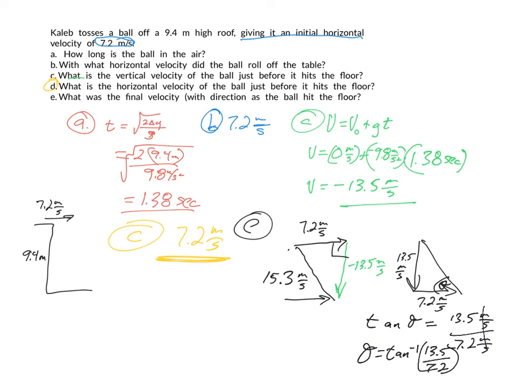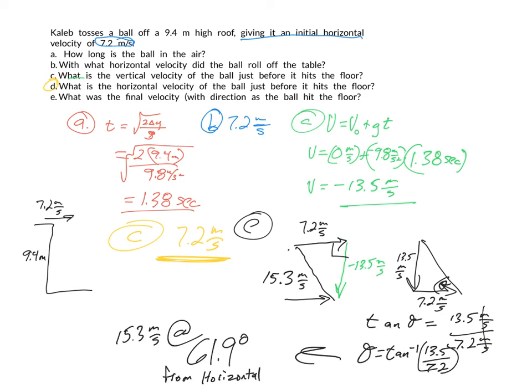And to the calculator we go. 61.9 degrees. So my answer is 15.3 meters per second at an angle of 61.9 degrees from horizontal. Woo woo.